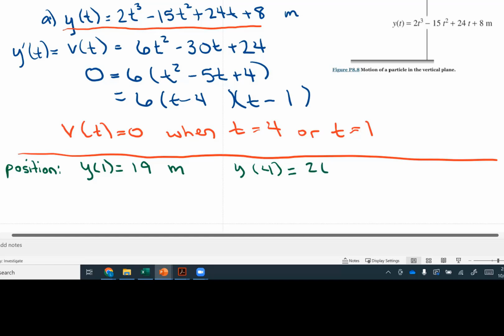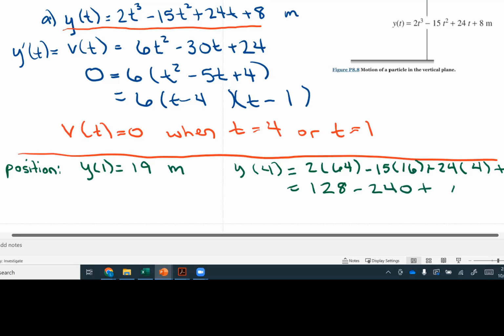At 4, the 4 to the 3rd power is 64, minus 15 times 16, plus 24 times 4, plus 8. And I can do this one. 15 times 16 is 240.